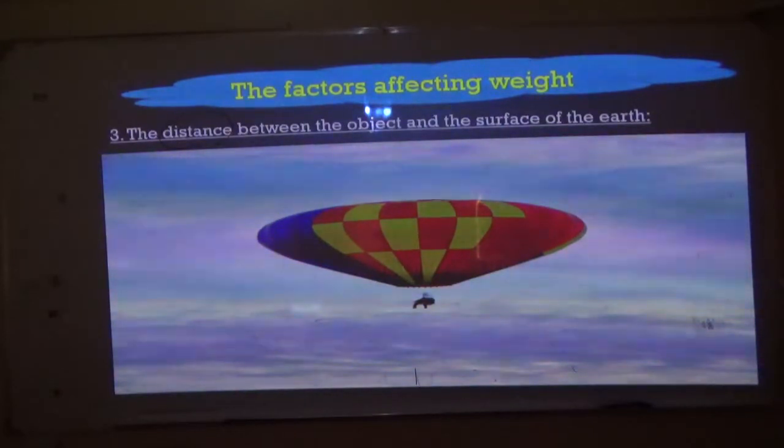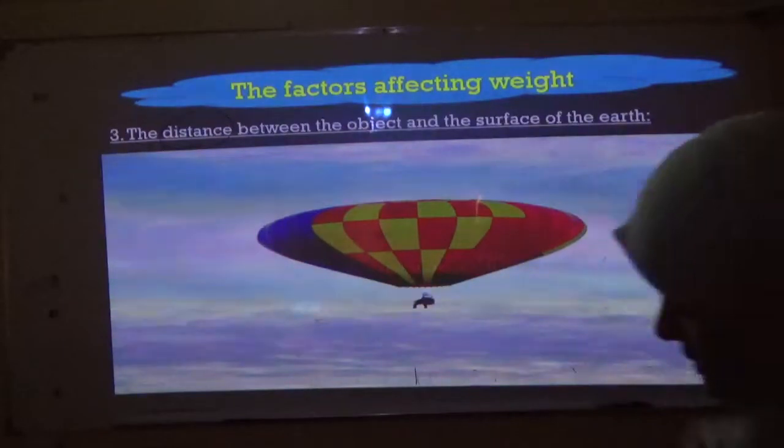As we move away from the surface of the earth, our body will be less attracted to the center of the earth, and as the distance between the object and the center of the earth increases, the ability of the earth to attract our body will decrease, and the weight will decrease because the weight is the force by which the body is attracted to the center of the earth. Move up, the weight will decrease. Move down and come nearer to the surface of the earth, your weight will increase.